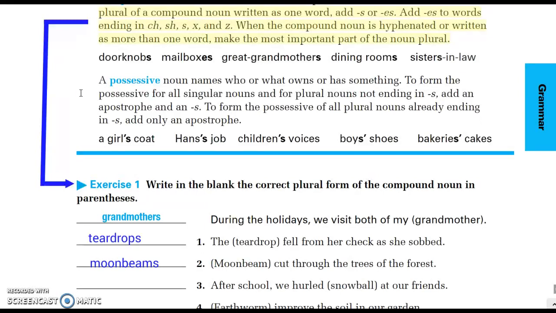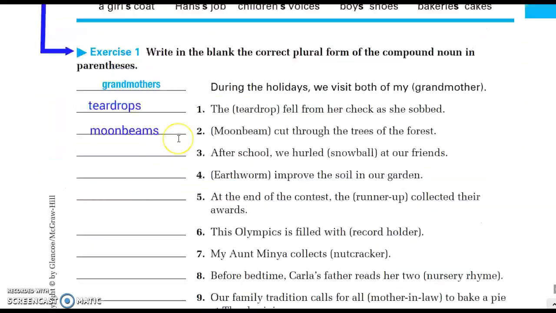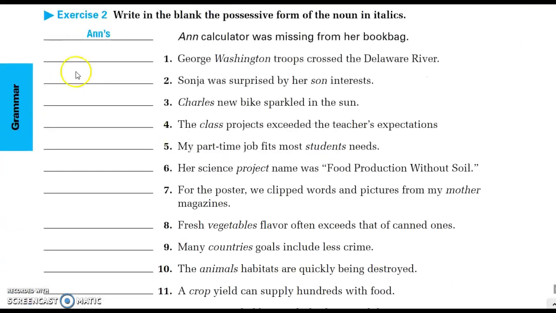As you can see, there are some examples: a girl's coat, Hans's job, children's voices, boys' shoes, and bakery's cakes. Notice, because Hans is a name, even though it ends in s, we still add an apostrophe and then an s.